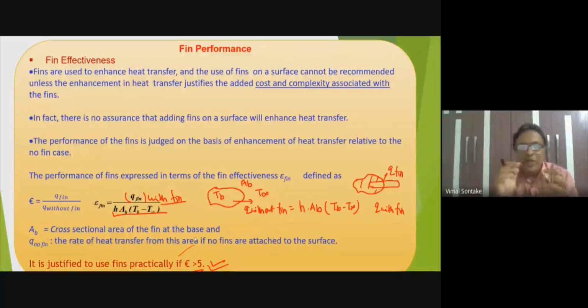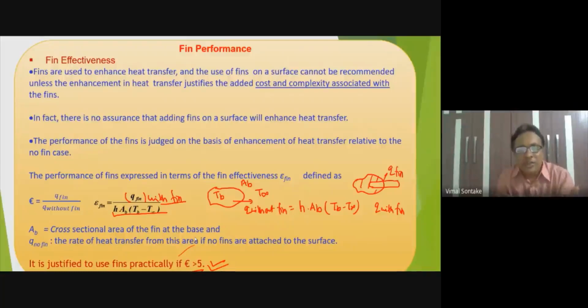So now we have two criteria basically to define the fin performance. One is fin efficiency, another is fin effectiveness. Fin efficiency will be used to select amongst the fins of different geometries and of different materials.